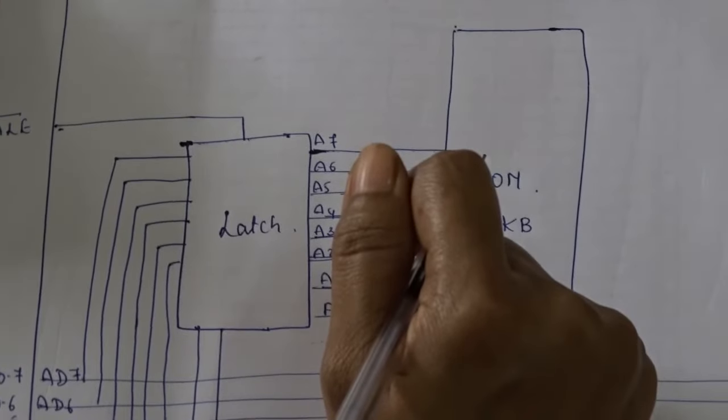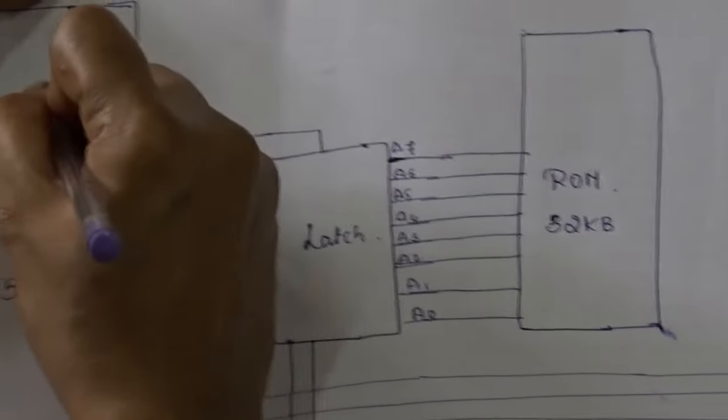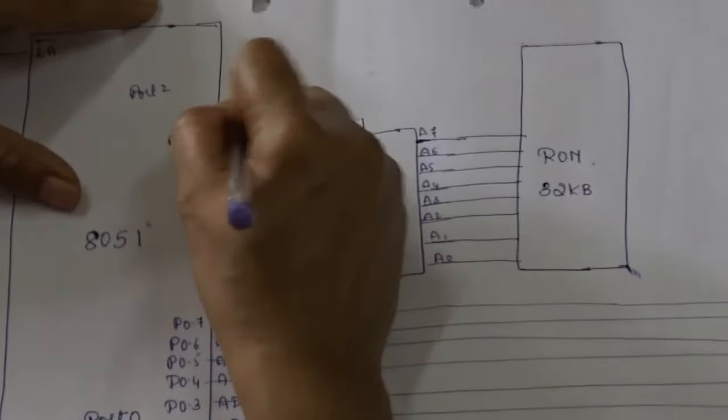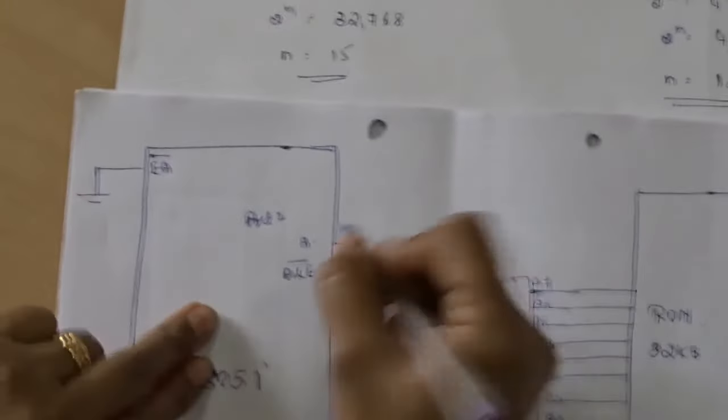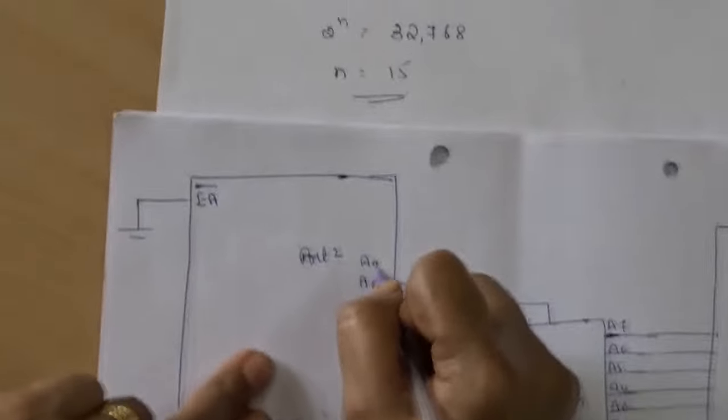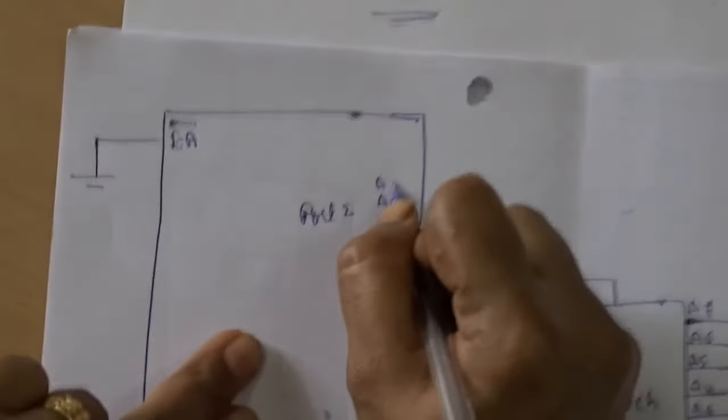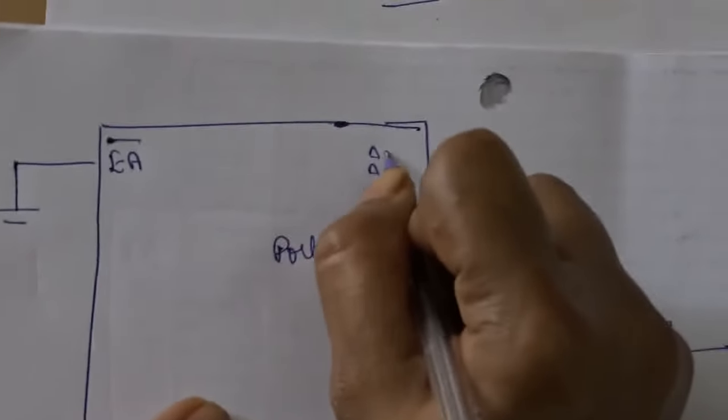We need a few more address lines. From where do we get them? We get them from port 2. In port 2, the remaining address lines are available. I'll represent them as A8, A9, A10, A11, A12, A13, A14 and A15. These are the address lines required.